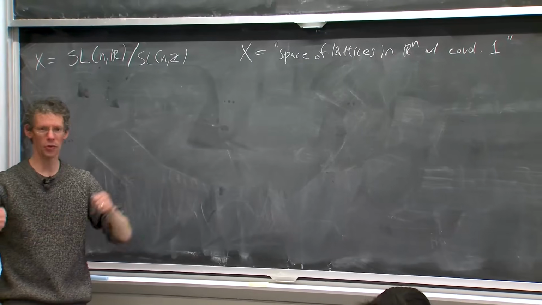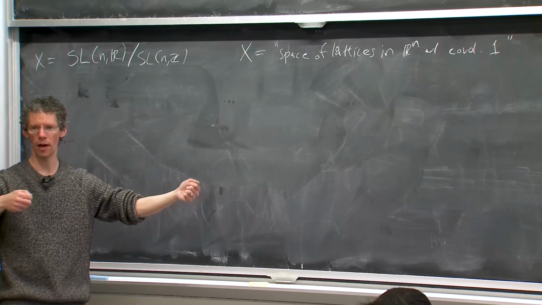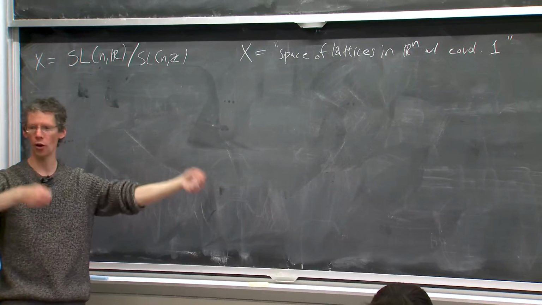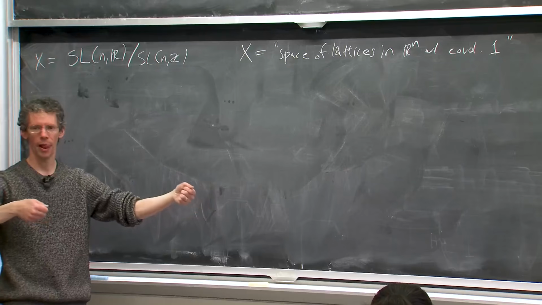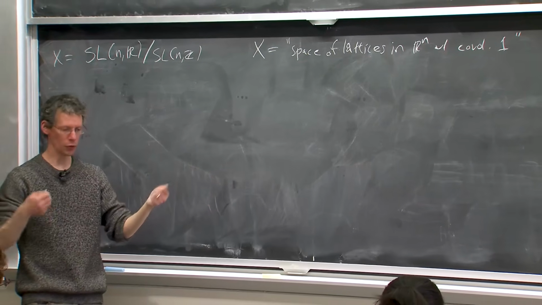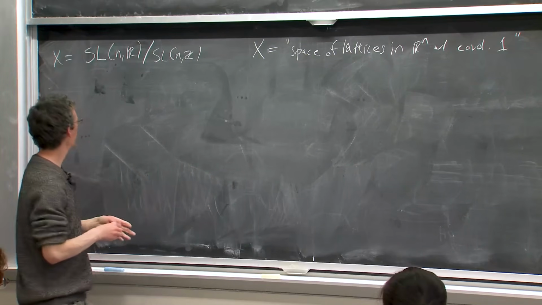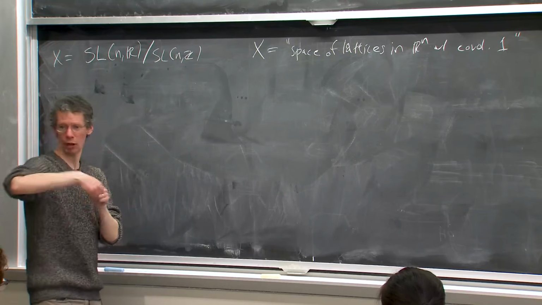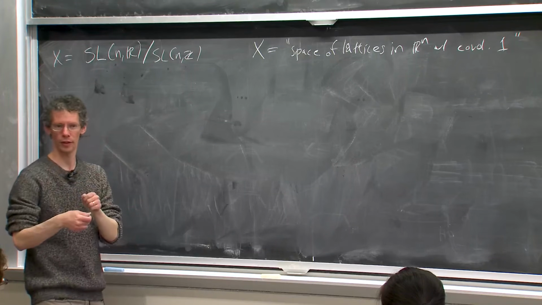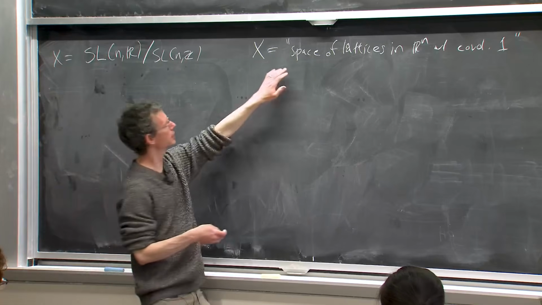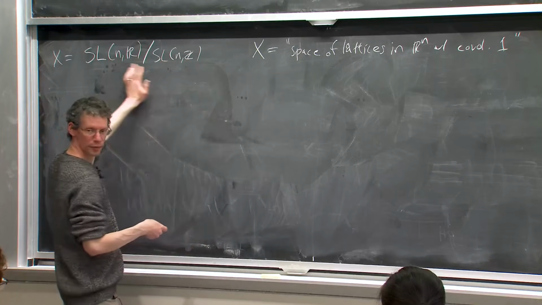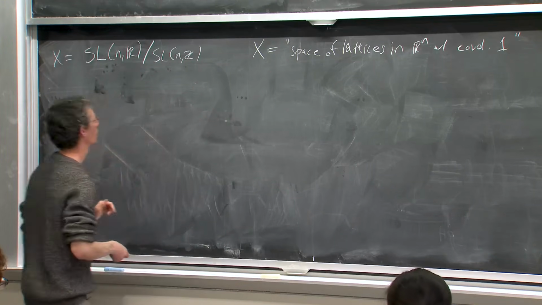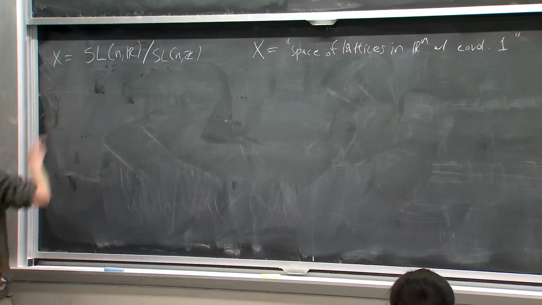I can make another lattice of covolume 1 by applying an element of SL_n(R) to my lattice. Now, not all of those will be different. If my element was in SL_n(Z), it will map the lattice Z^n to itself. So that's the kernel of this map. And so the space of lattices is the quotient, like this. OK, so that's a homogeneous space.